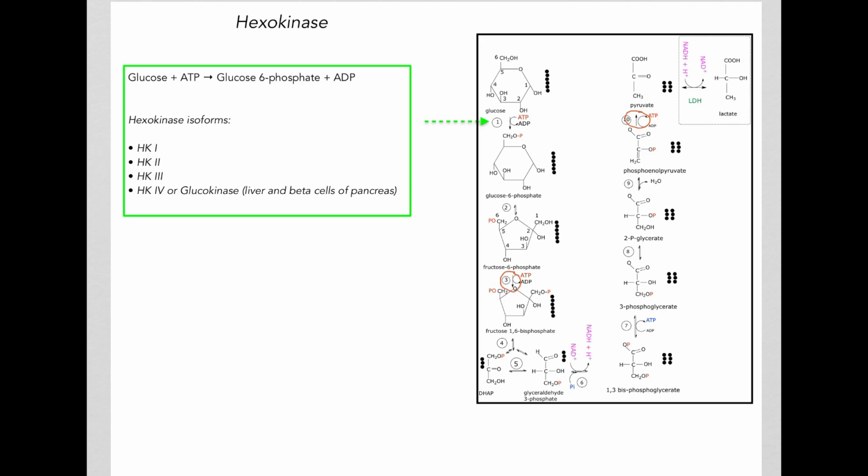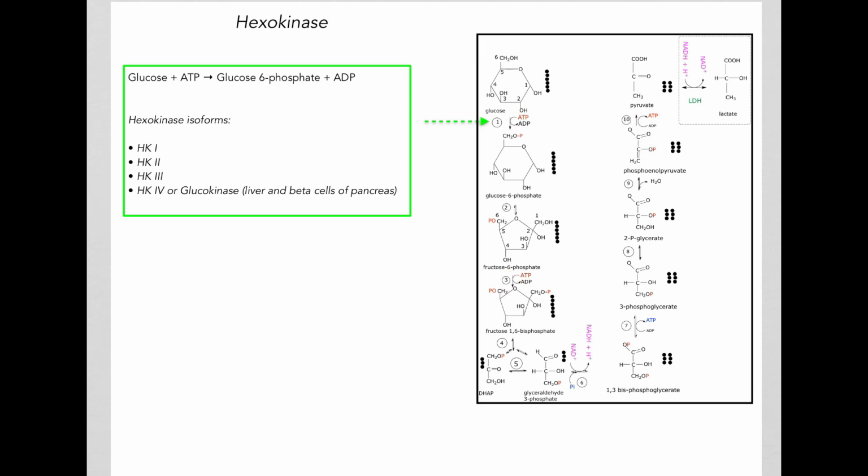And now let's look at hexokinase, which catalyzes this irreversible step of glycolysis, number 1. So in this reaction, what happens? Glucose reacts with ATP to give us glucose 6-phosphate and ADP. This is the reaction that is catalyzed by hexokinase.